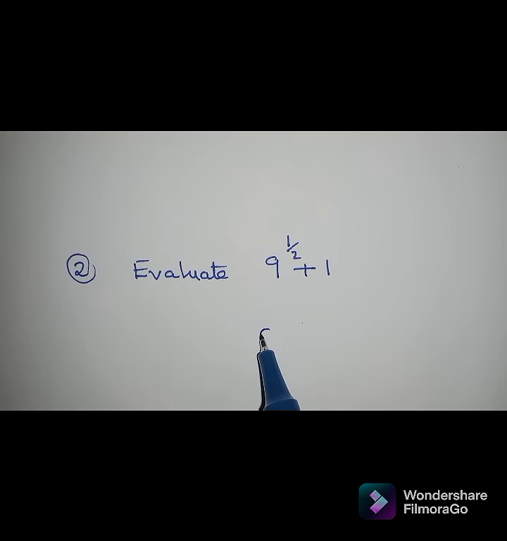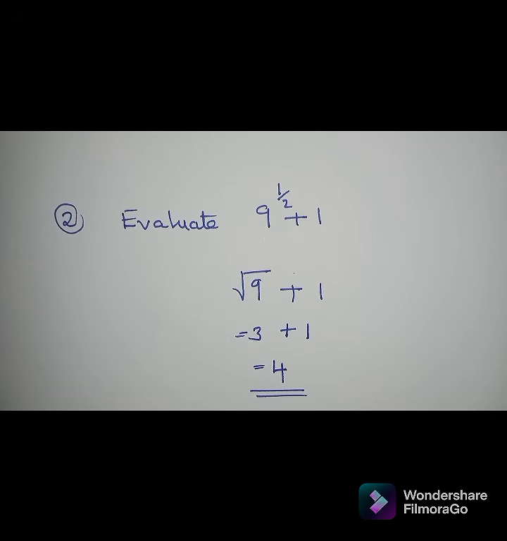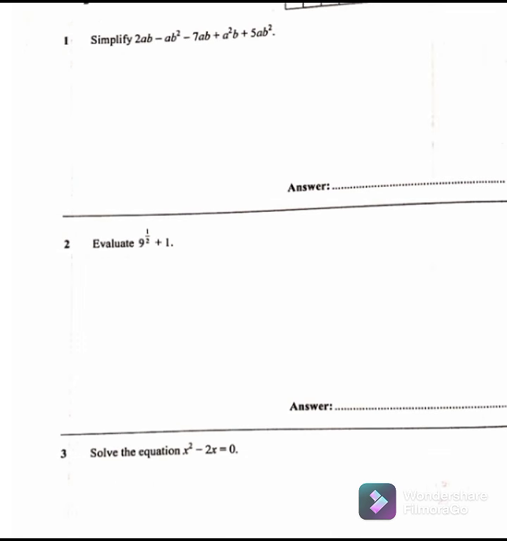Okay, so meaning they want us to find the square root of 9. We add it to 1. So here it will be 3 plus 1, which is equal to 4. So 4 is our solution here. Okay, we go to the next question.